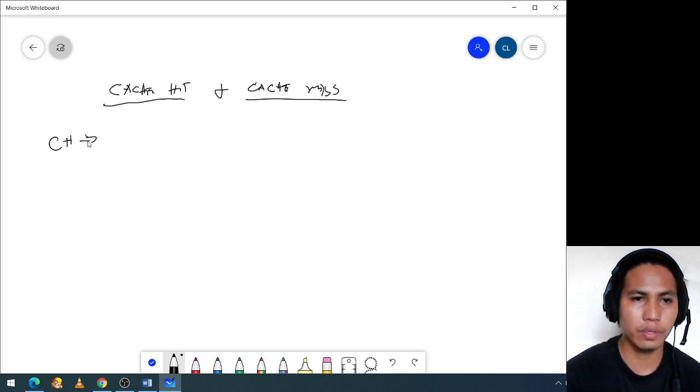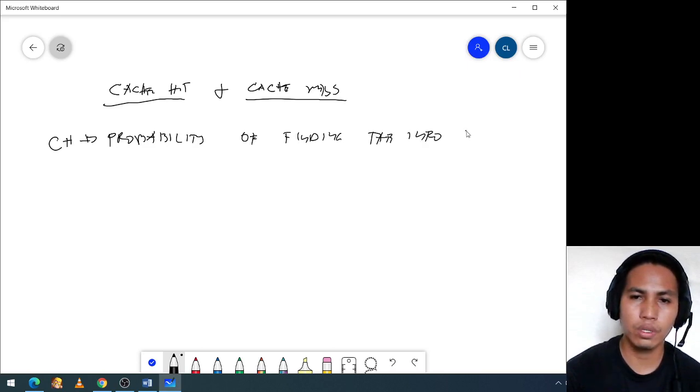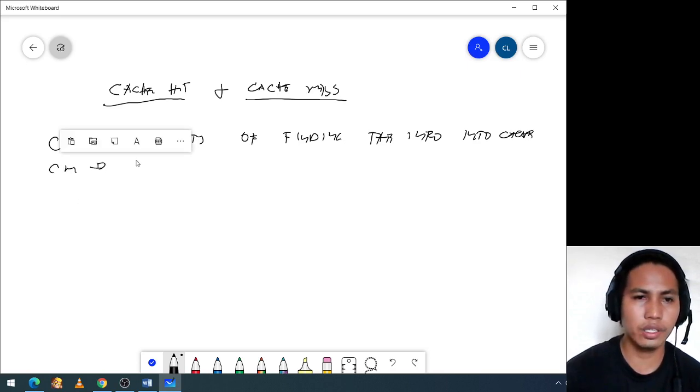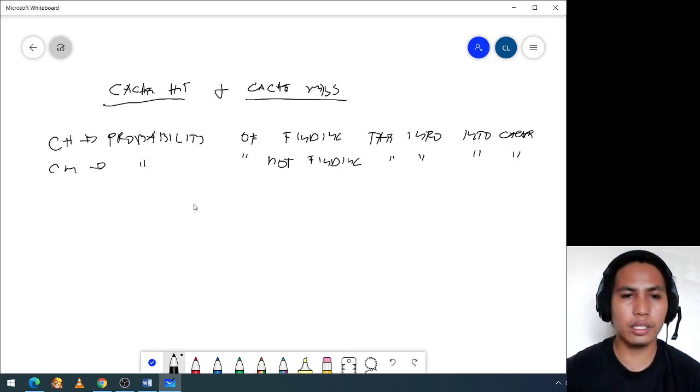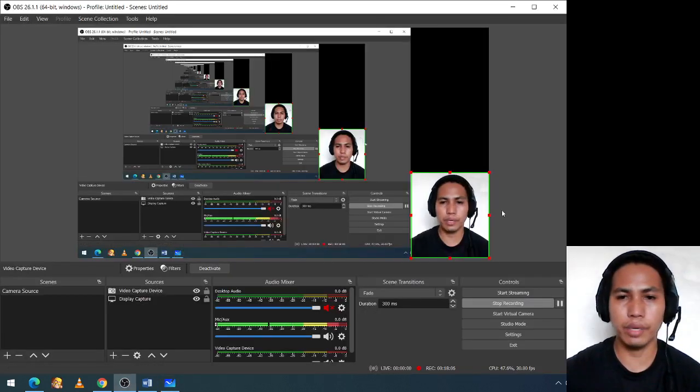So, cache hit is the probability of finding the info in the cache. Then, cache miss is the probability of not finding. So, kumbaga, yung information na kailangan mo is not located in the cache. That is cache hit and cache miss.